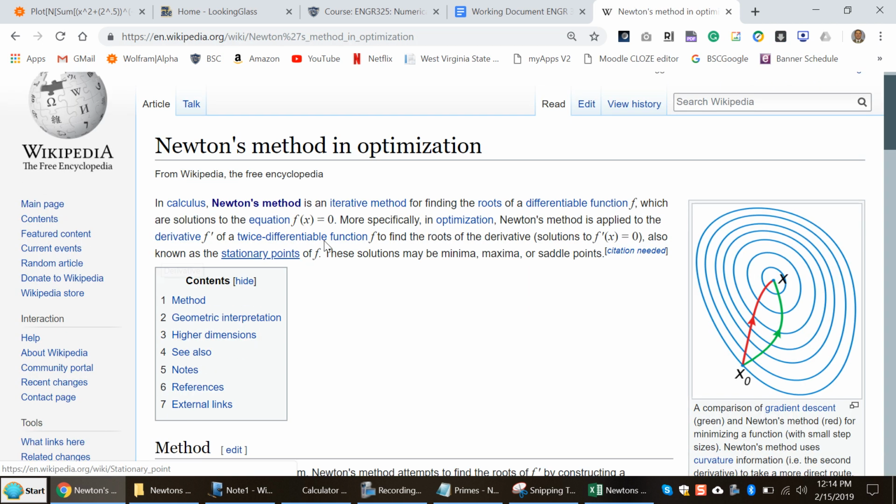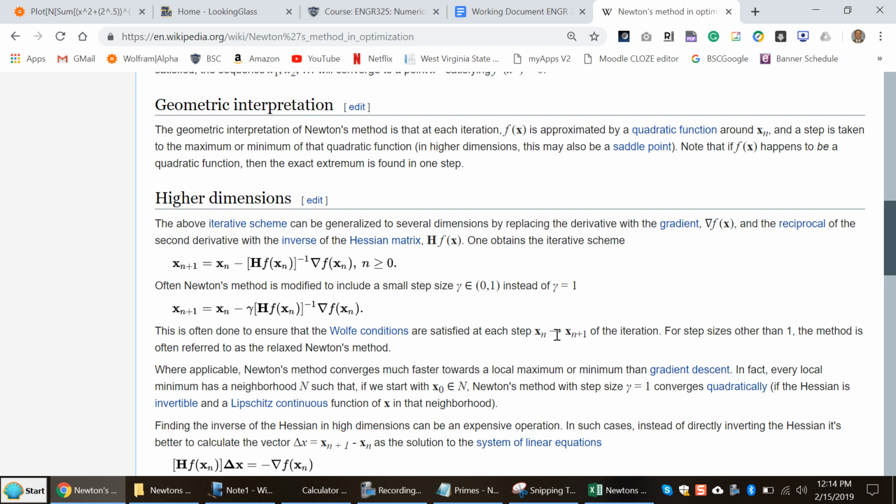Okay? And when we go down here and look at the formula, you see this formula right here? Very similar.